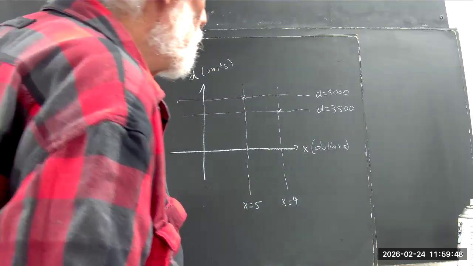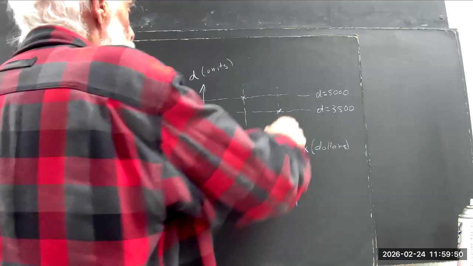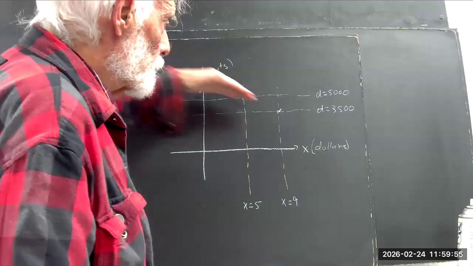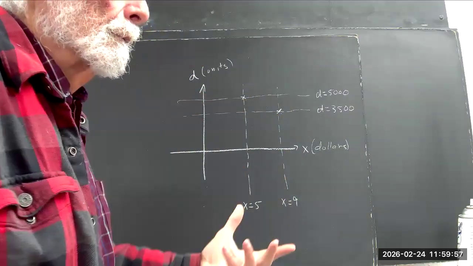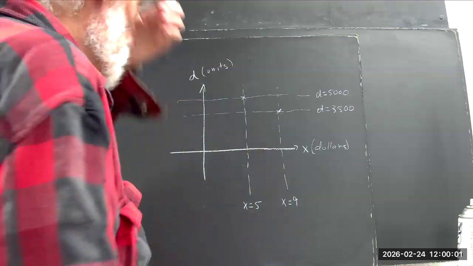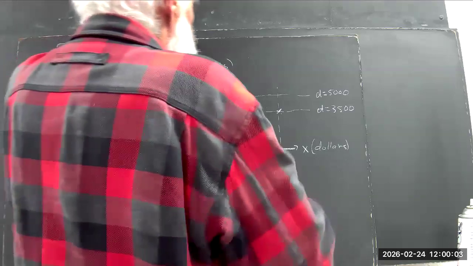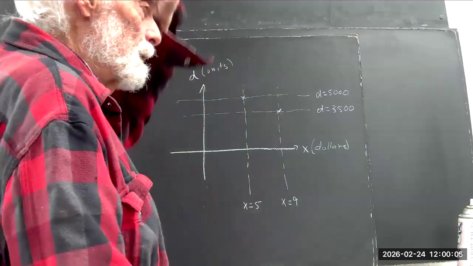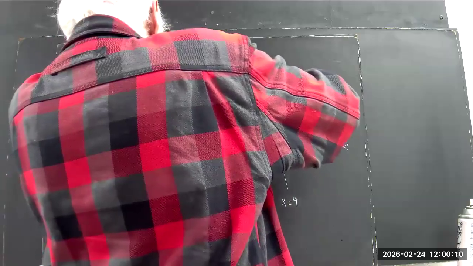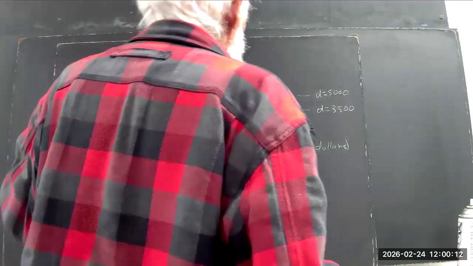Well, now, from these 2 points, we can assume that there's a straight line demand function. Now, that's not always the case, but it's our first assumption. We often assume linearity and then see if linearity really applies. So let's say there's our curve.